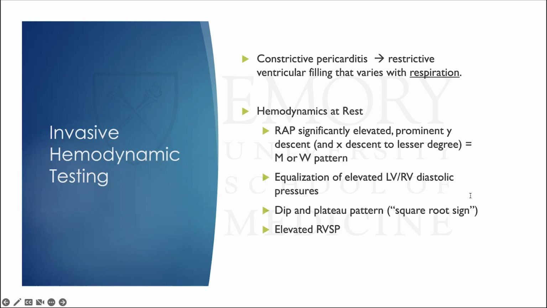I'll show this on the next couple of slides, but essentially when you have that rapid filling, your LV diastolic pressure rushes up, and then there's impairment of filling in mid and late diastole to where the pressure essentially just plateaus off. And that's why you see that square root sign, which I'll show you. And then other things you might see are elevated right ventricular systolic pressures as well. So it's important to recognize some of these features.